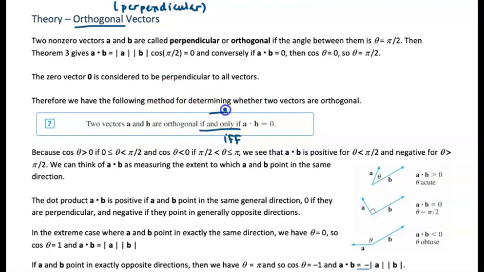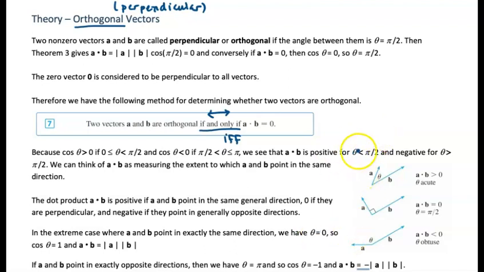So this goes in both directions. It means by finding either sides of this statement, you can assume the other. It is not one directional. All right, so what does that mean? Well, it means we now have a method of easily determining whether or not two vectors are orthogonal or perpendicular.